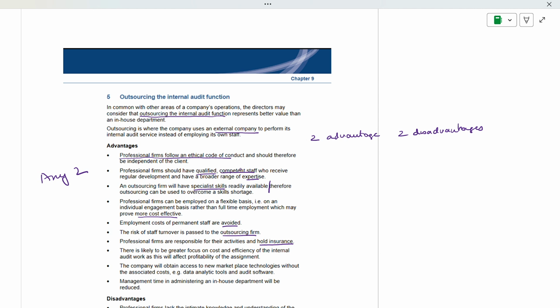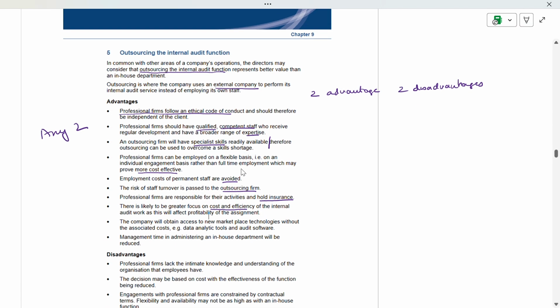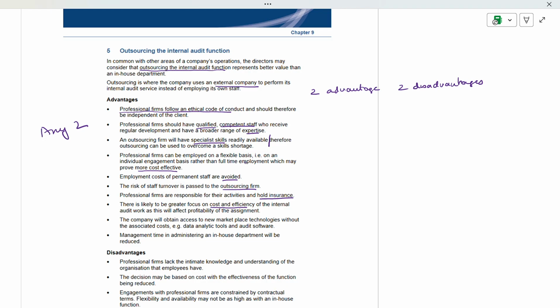There is likely to be great focus on cost and efficiency. The company will obtain access to new marketplace technologies without associated cost, such as data analytic tools or audit software. They will provide all of these.